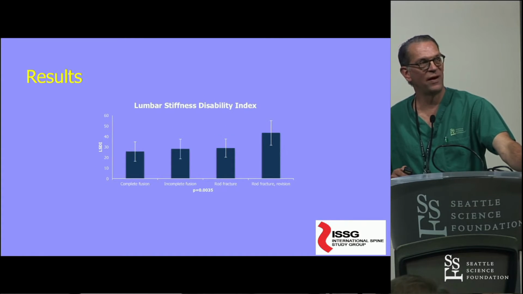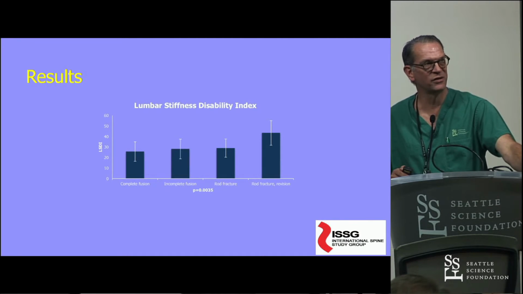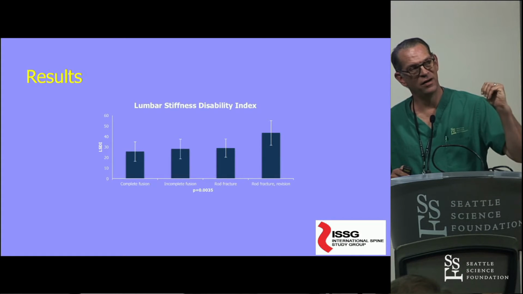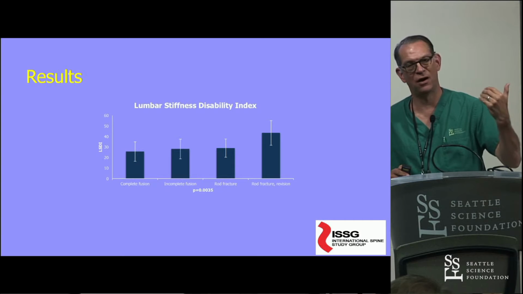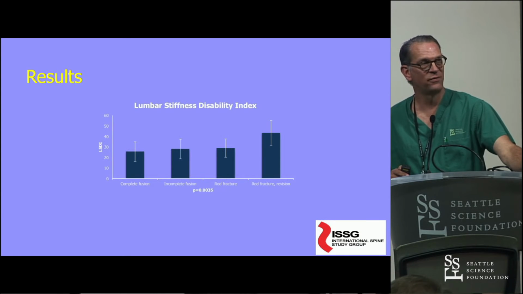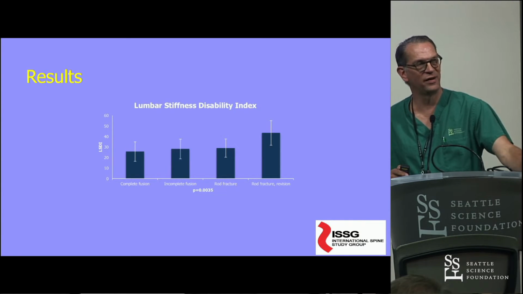And this was one that I found was interesting. Some of you may be aware of this Lumbar Stiffness Disability Index, a questionnaire that we put together now, I think almost 10 years ago, and have been using in a small set of studies to really assess not how pain affects function, but how patients perceive stiffness to affect their function following lumbar fusion, with an eye towards answering the question that I think a lot of us hear from almost 100% of patients in my practice.